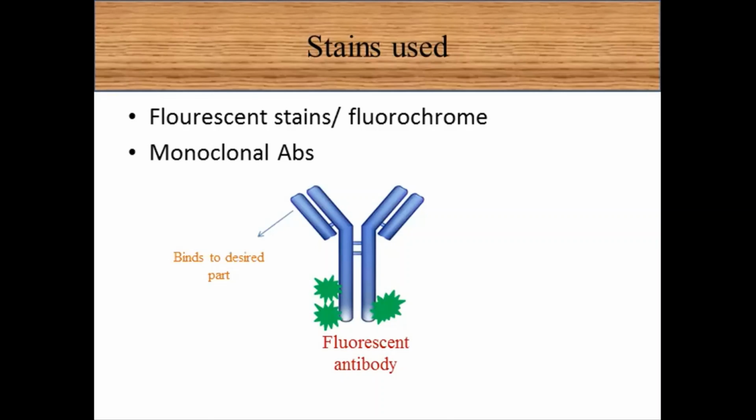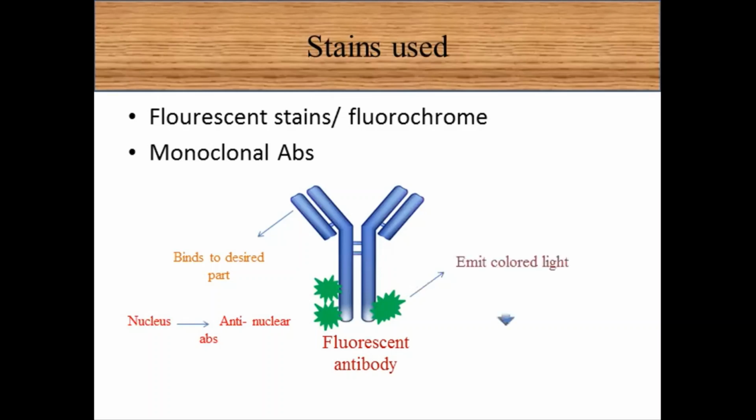Suppose we want to stain the nucleus only, we use an anti-nuclear antibody which only binds the nucleus. The fluorochrome, on the other hand, emits colored light when it is excited by another light of specific wavelength.